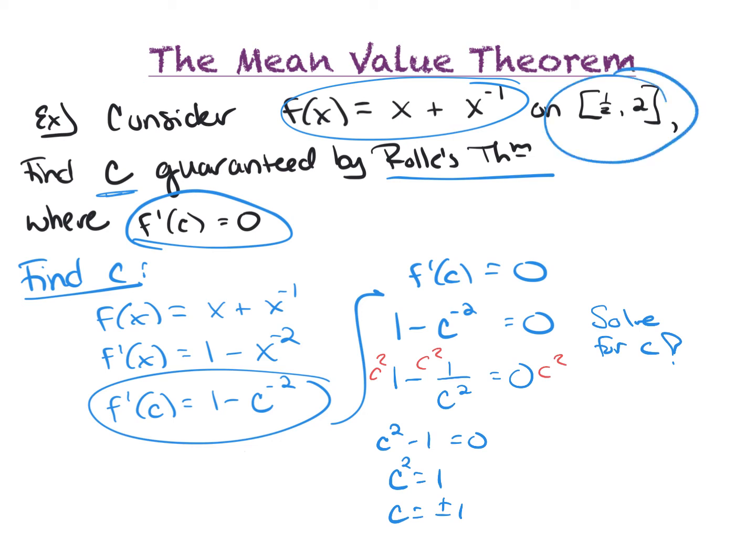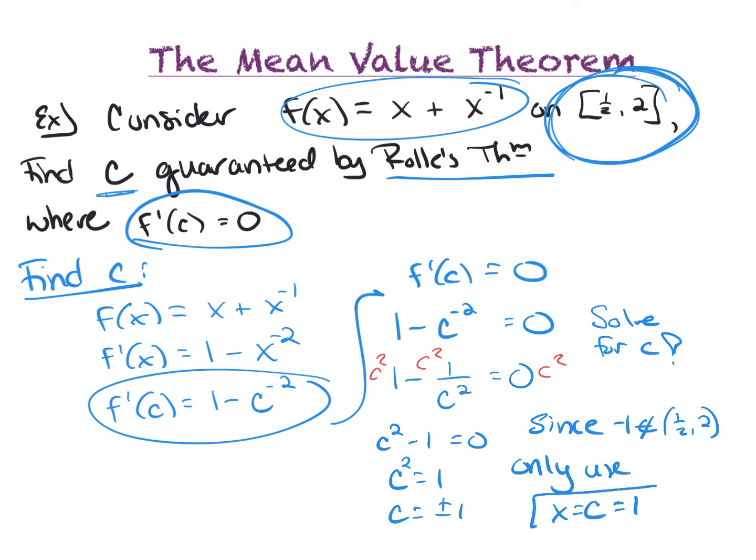But remember, we're living in this interval up here, 1/2 to 2. So since negative 1 is not in the interval from 1/2 to 2, we only use c equal to the positive 1. Cool. So x equals positive 1 is the c value where the derivative at c is equal to 0. That was guaranteed by Rolle's theorem.